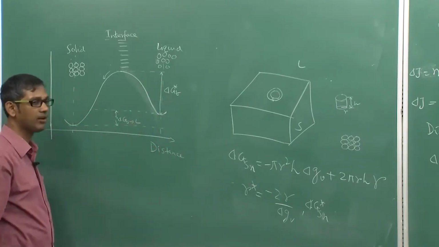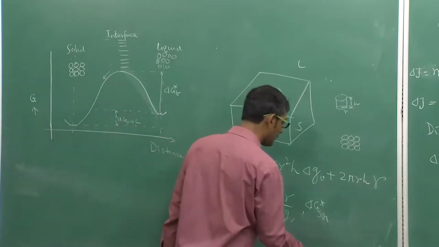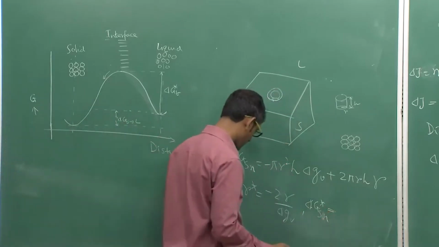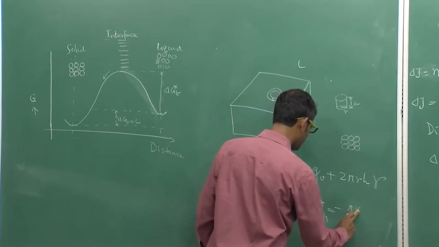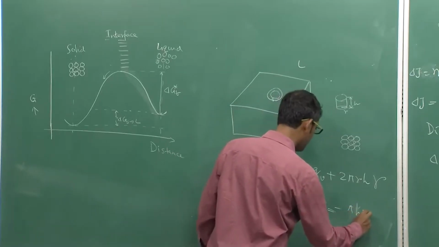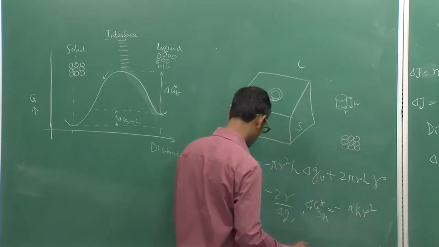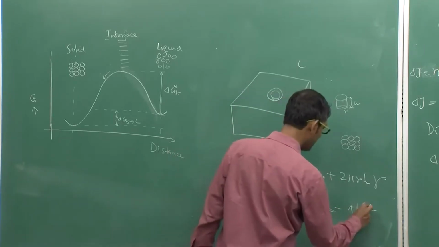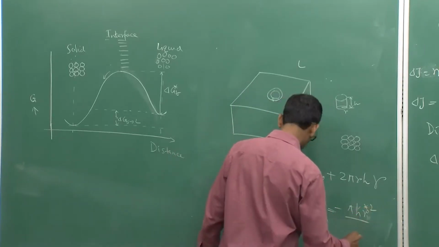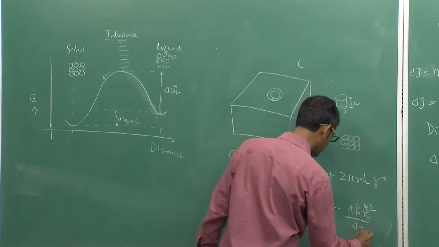Migration things will always be there, but this is an extra term coming into the picture in the calculation. So if you do the proper calculation, it will be pi h r star square divided by delta G V.